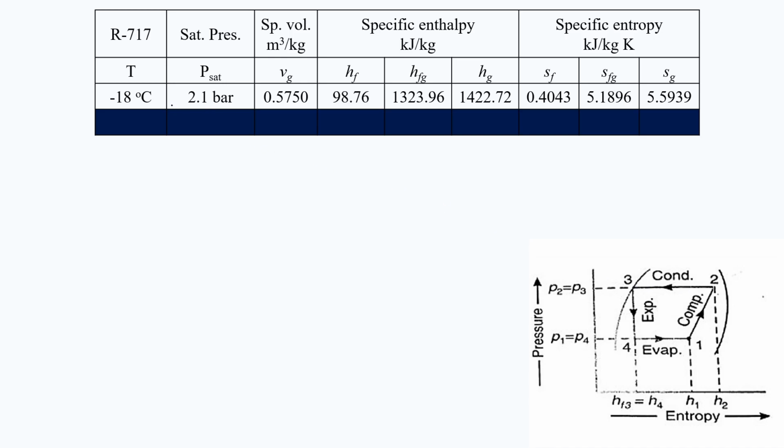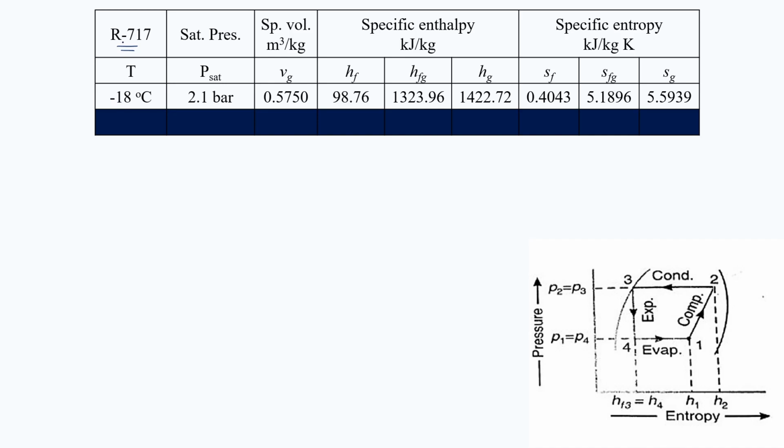Also, since the question is slightly different and we don't know the conditions regarding the condenser, it is better to do this problem analytically. Since this is given in terms of a pressure, by using the refrigerant table for R717, or ammonia, which is the refrigerant given here, we can find that at a temperature of minus 18 degrees Celsius, the saturation pressure is more or less near this 2.1 bar. It is 2.09 rather. So we can take 2.1 bar as the saturation pressure, and the corresponding temperature of the evaporator can be taken as minus 18.